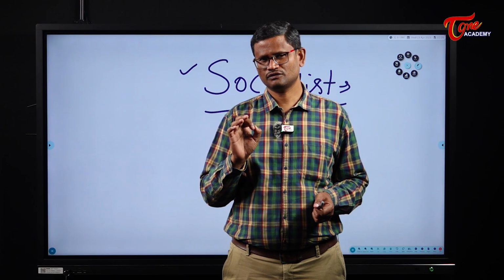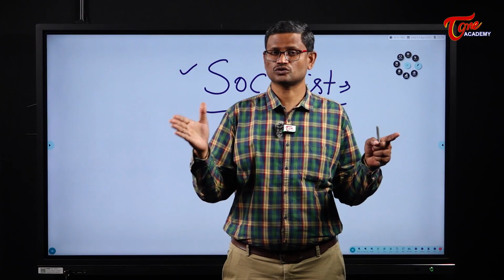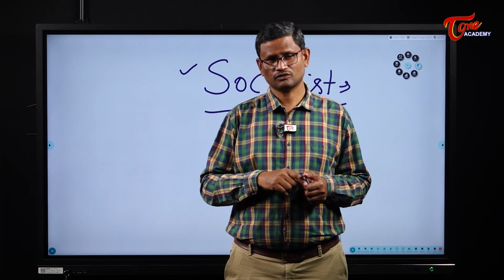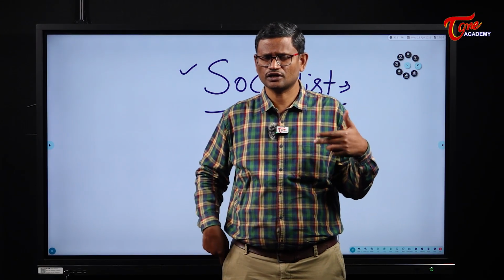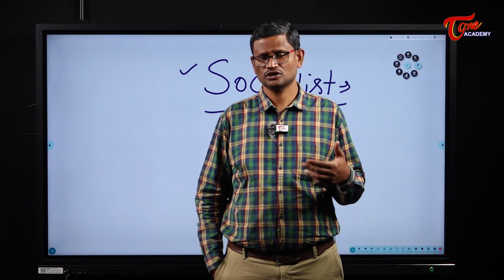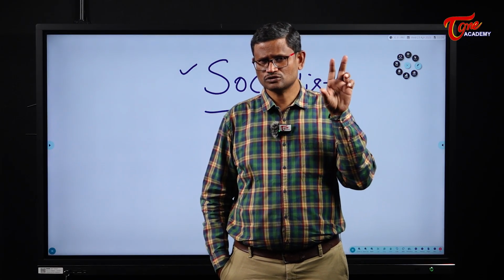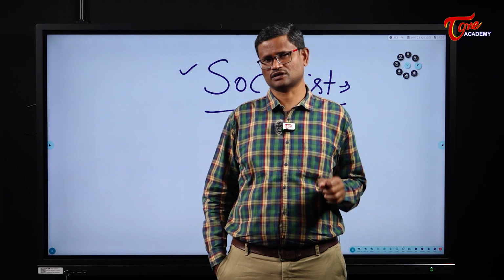The preamble in the 1950 Constitution did not contain the word socialist, but today it does. Not only socialist, the word secular was also added in 1976 through the 42nd Amendment. So the terms socialist and secular were added in 1976 through the 42nd Amendment.